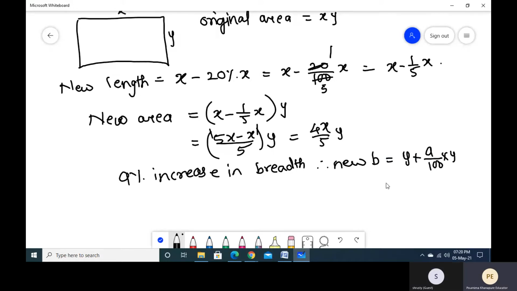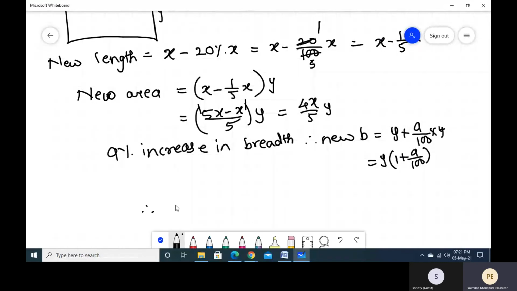So that is nothing but y into bracket, I'll just take y common, 1 plus a upon 100. Now we'll find the new area.